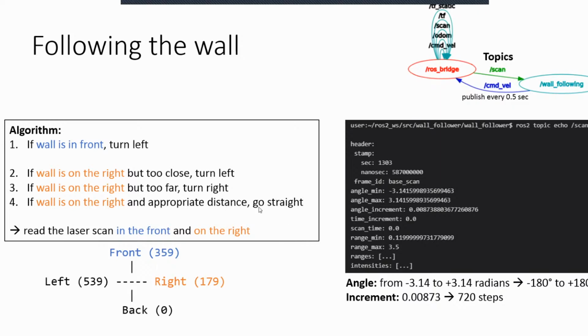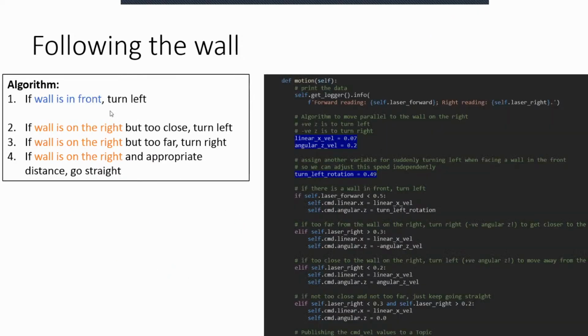With this in mind, it's pretty straightforward to convert this idea into code. It's just directly translating this idea. Now we know how to read the front and the right laser. Here are some parameters we can tune to make this wall following behavior more optimal.